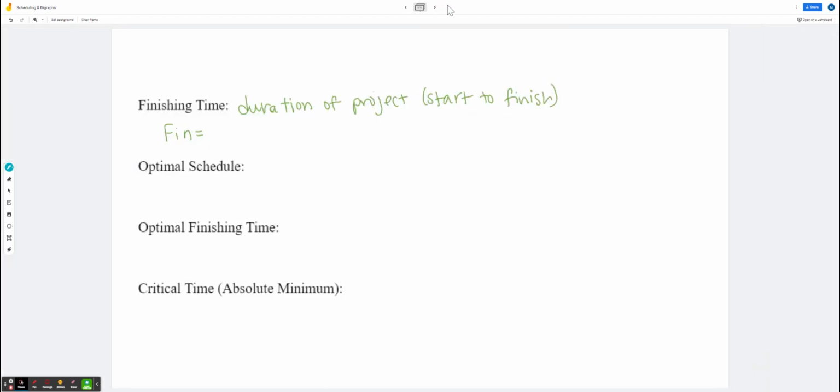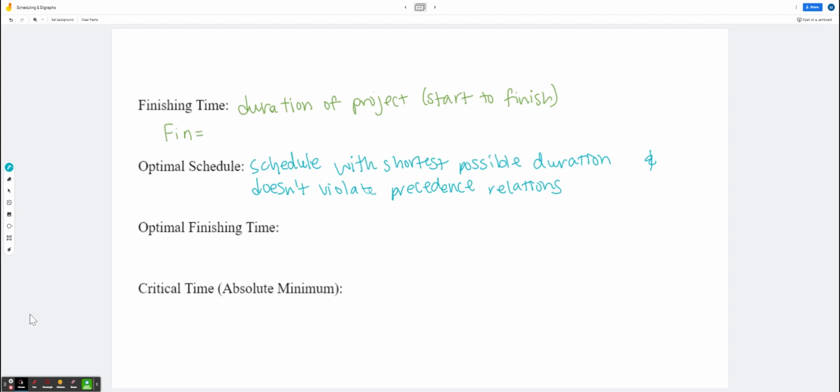So an optimal schedule is a schedule that has the shortest possible duration and does not violate any precedence relations. The optimal finishing time is the shortest possible legal finishing time. And we said that we are going to use the notation OPT to indicate that something is an optimal finishing time.